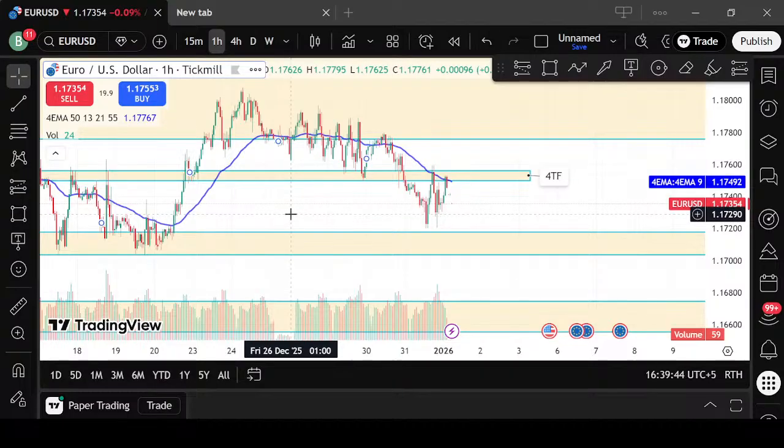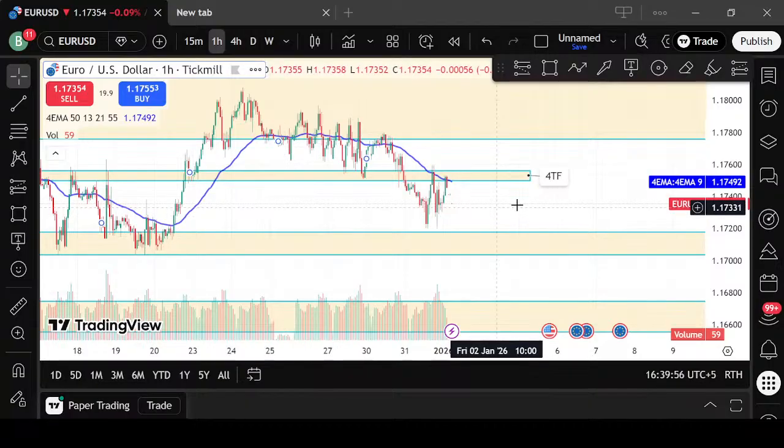Actually, it is going down. There should be one spot also. The strong spot is there. So we should draw the spot on.